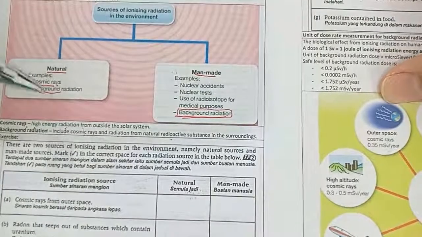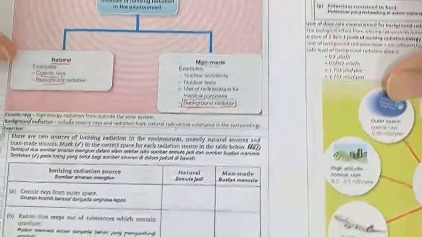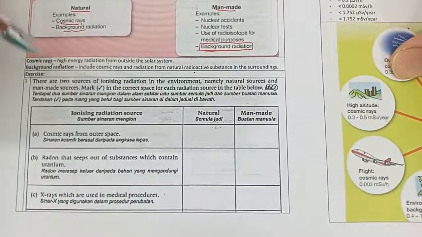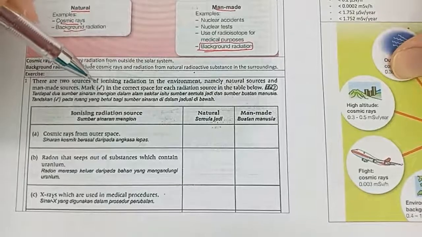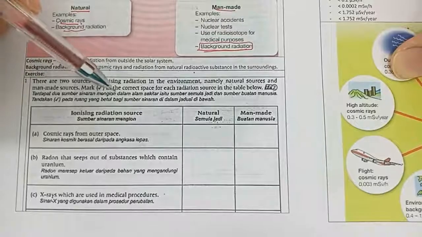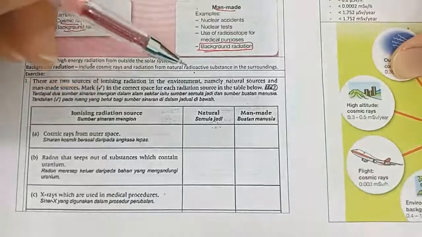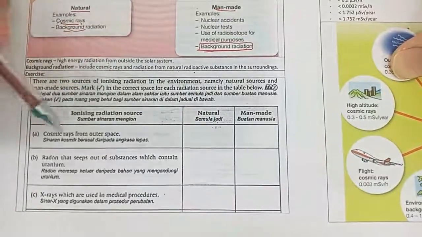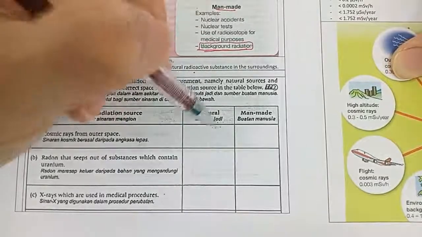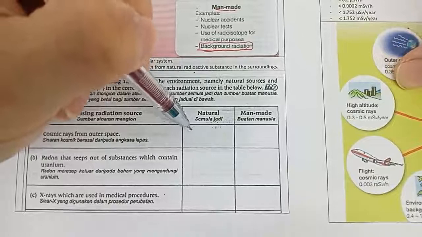Okay, so let's look at exercise. Okay, there are two sources of ionizing radiation in the environment, namely natural sources and man-made sources. Mark in the correct space for each radiation source in the table below. So cosmic ray, is it natural or man-made? So cosmic ray is definitely natural.